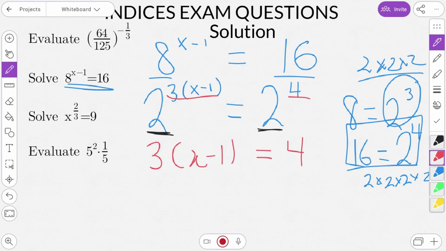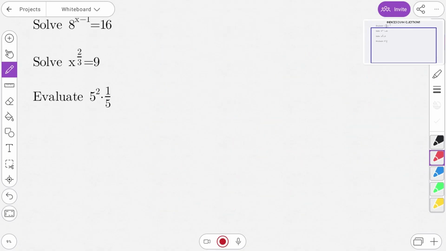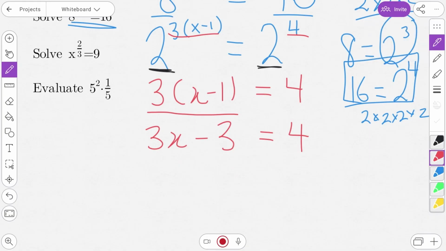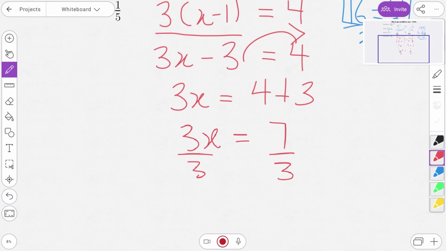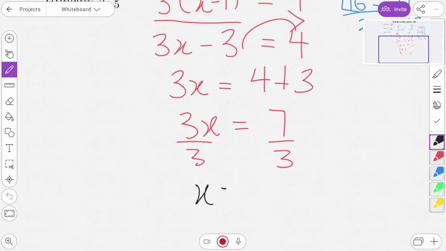We will get 3x minus 3 equals 4. Now we move the negative 3 to the other side of the equation, and that will change it automatically to a positive number. Now we have 3x equals 7. So we divide by 3 on both sides, and now we have x is equal to 7 over 3.